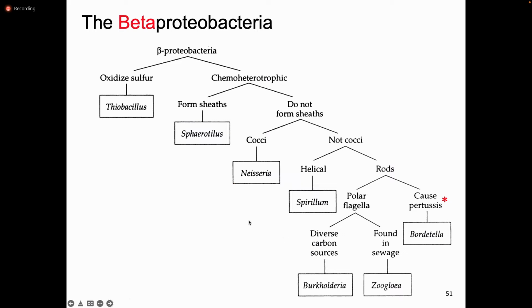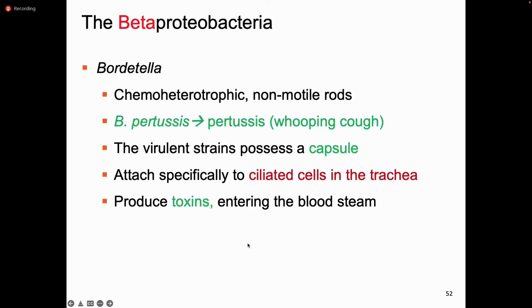Okay, so this is a nice area. And let's go to this one, Bordetella pertussis. Bordetella is a non-motile rod. The disease it causes is called pertussis. In general English, it's the whooping cough. That is, the child patient coughed for so many days, then the throat is injured. So each time you cough, you squeeze your air out. Woo! Like a whoop, so it's called whooping cough. In Chinese, it's called 百日咳, that is coughing for 100 days.